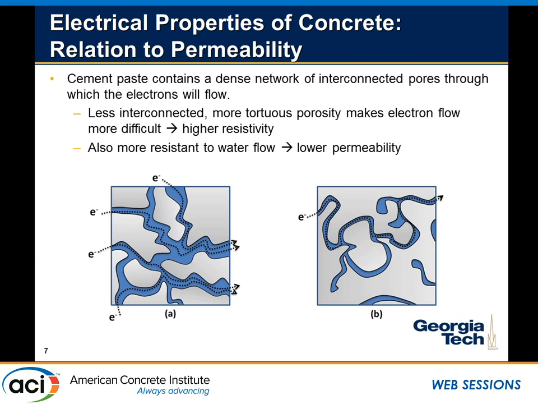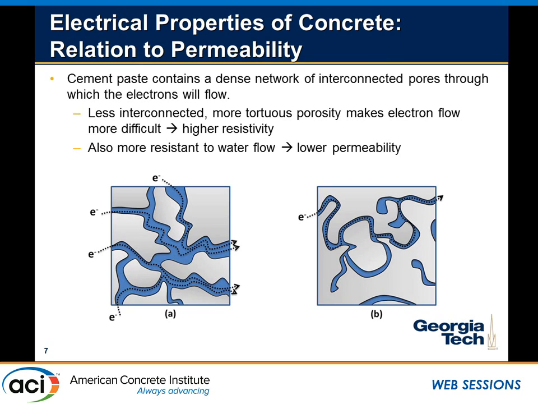Now, as far as that relates to permeability, if you have a very open network, like shown in the figure A, less interconnected, you tend to have a high resistivity. Sorry, I realize there's a typo in there. Less interconnected, less tortuous porosity. It's a lot easier for the current to flow through, the electrons to flow through.